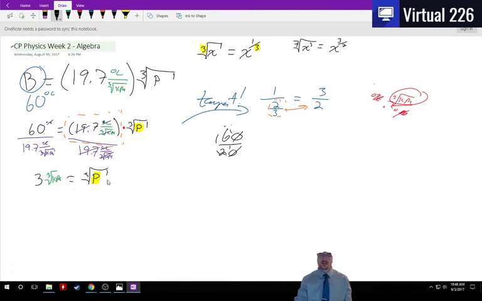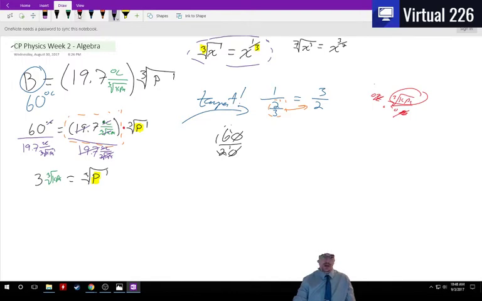If you would like to get rid of a radical sign, if we think back to what we did here, well, if this cube root of pressure is really like the pressure to the 1/3, then if I could get this fraction in the exponent to be 1, then it would just be the pressure that's left. So I need to get that to say like 3/3.